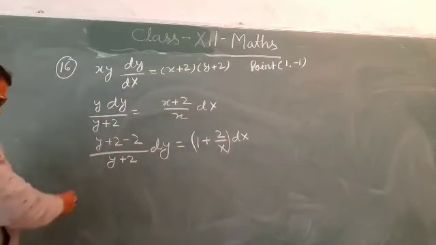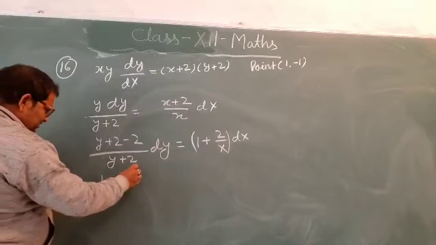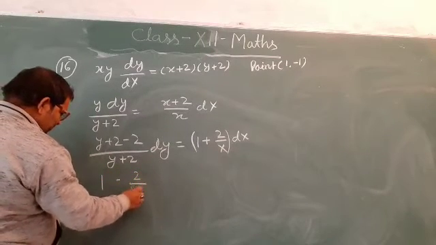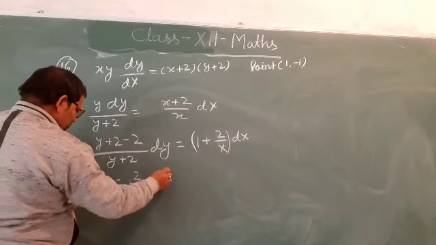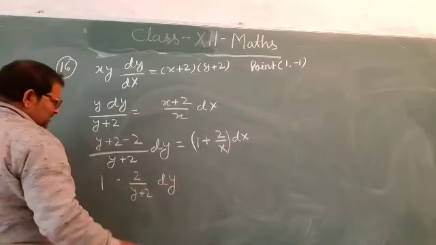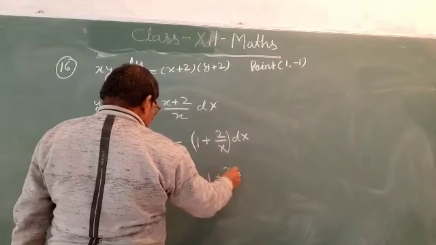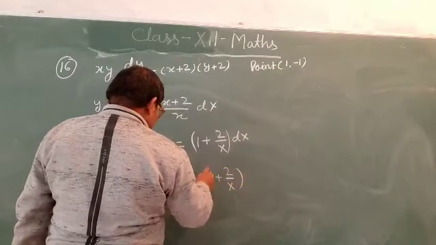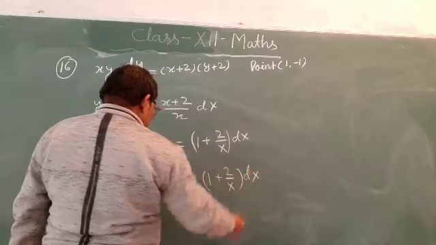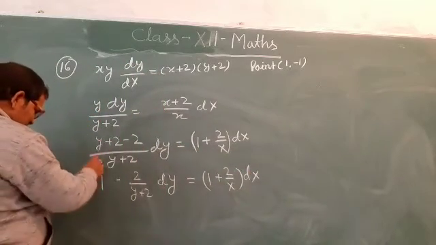After that, (1 minus 2/(y + 2)) dy = (1 + 2/x) dx. After that, we integrate.